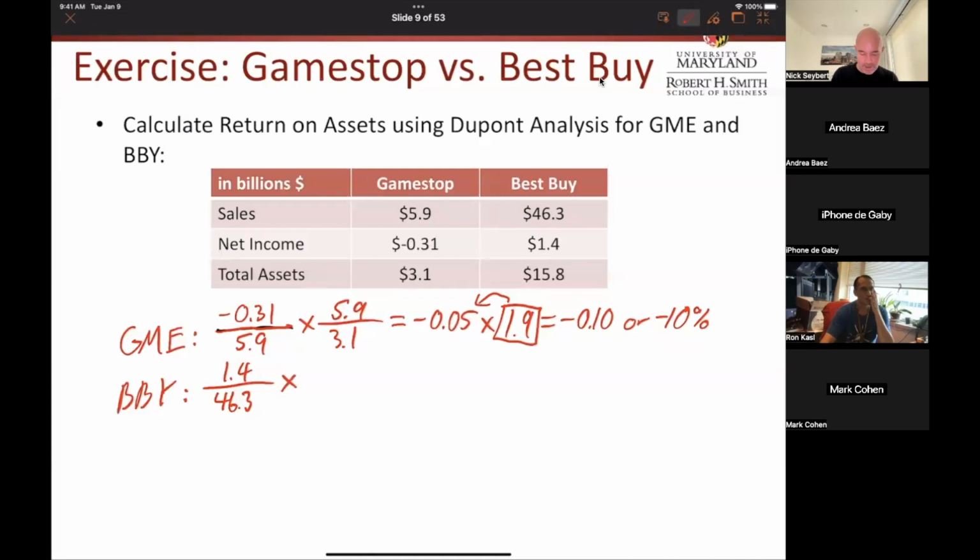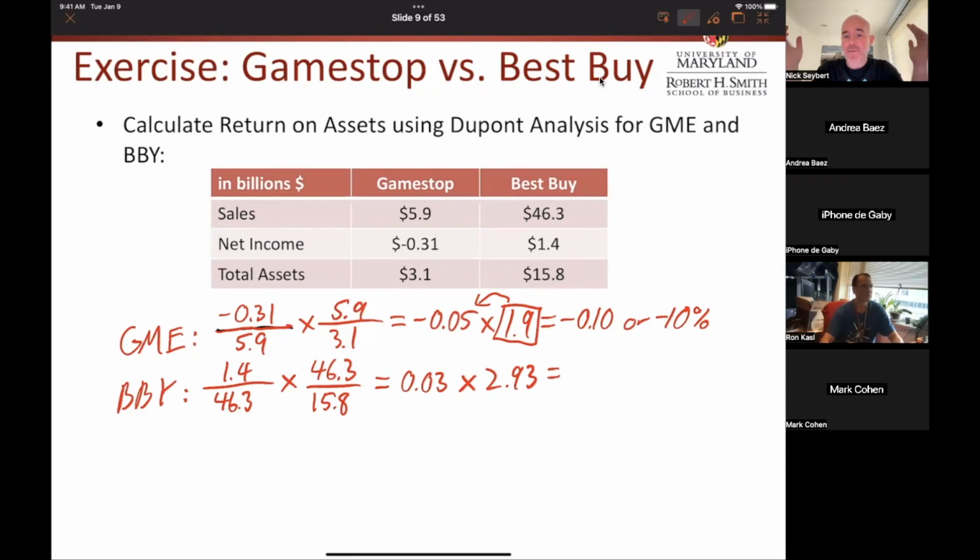And then our asset turnover is 46.3 divided by 15.8. If you do the math, that is approximately 0.03 multiplied by 2.93. Now, we already see both of these are a lot better than GameStop.